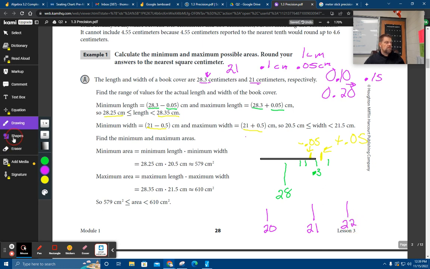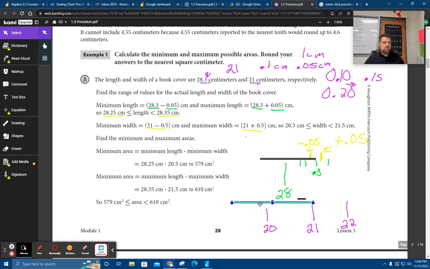So when I go to measure this, whatever this object is, it may not necessarily measure up right at 21. It might go a little bit over, it might be a little bit less. I probably won't count it as 20 unless it's over here.